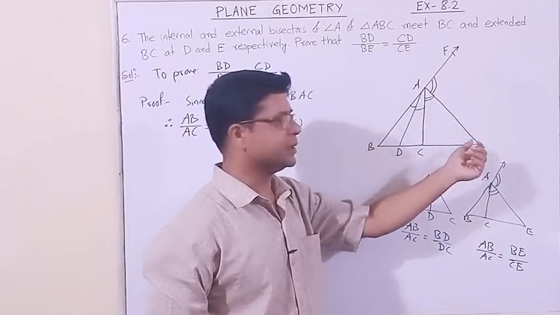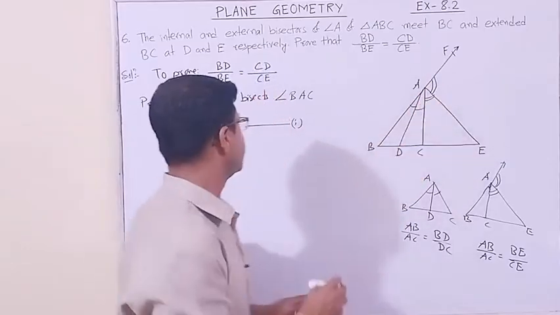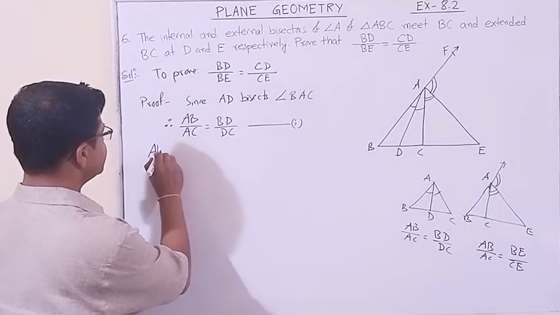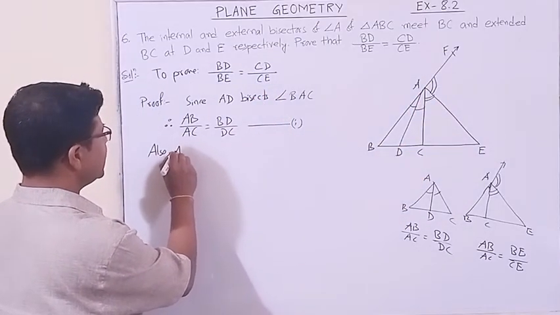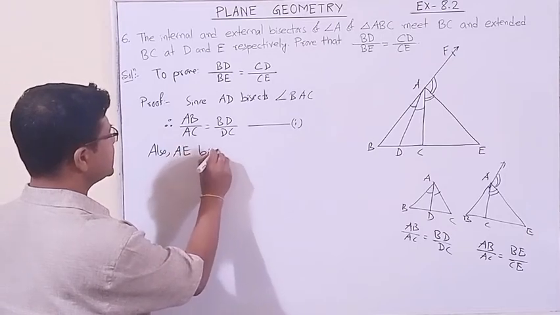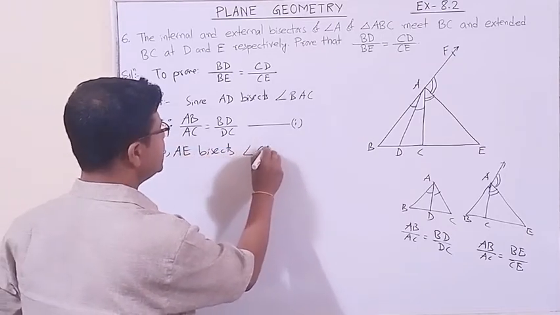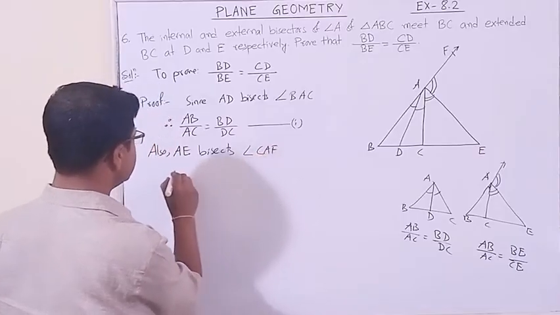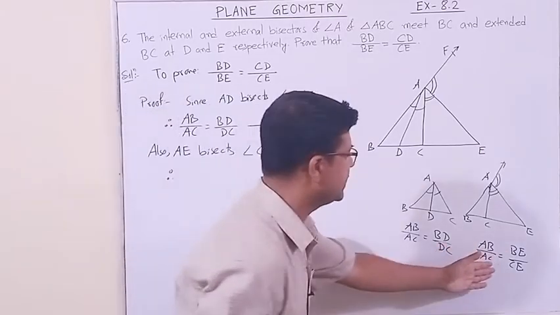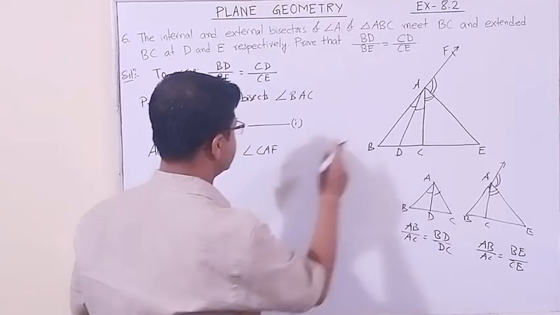Again, let us move for this. AE is the external bisector of angle CAF. AE bisects angle CAF. So what do we obtain? Let us apply this property. That is again AB by AC.